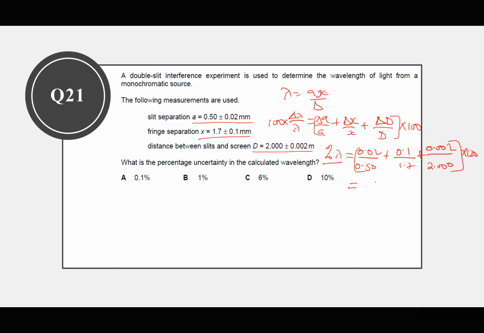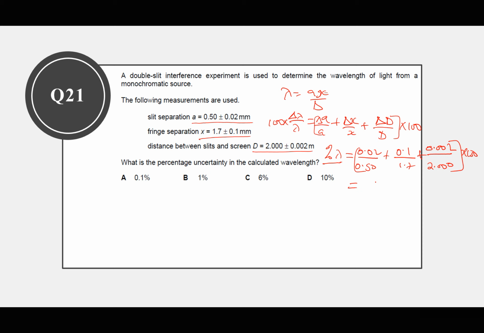So when you press the calculator, open the first bracket, 0.02 over 0.5, close the bracket, plus open another one, 0.1 over 1.7, close that bracket, plus open another one, 0.002 over 2.000, close that bracket, times 100.